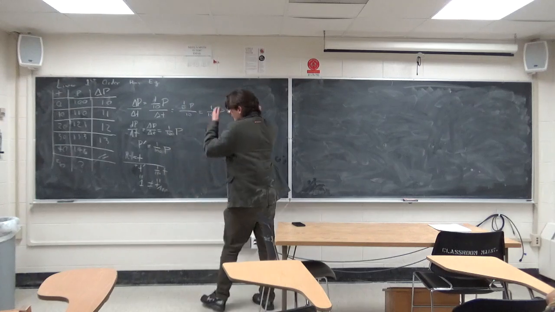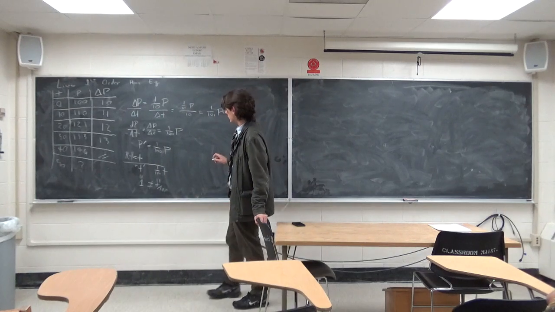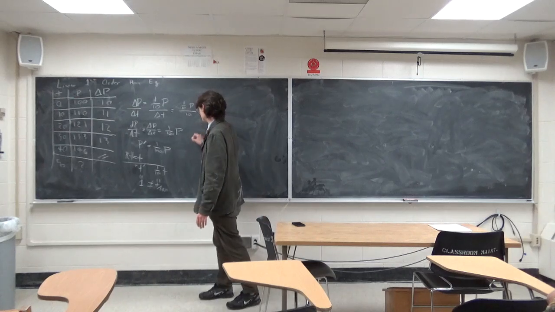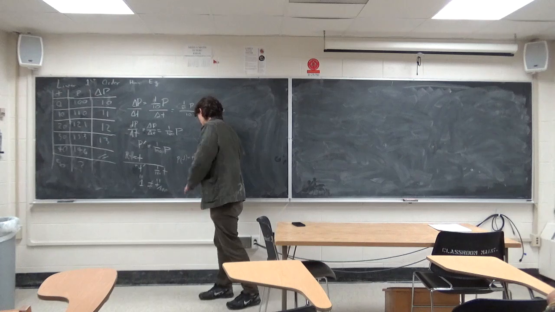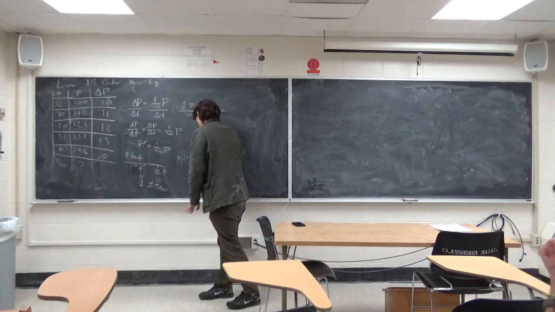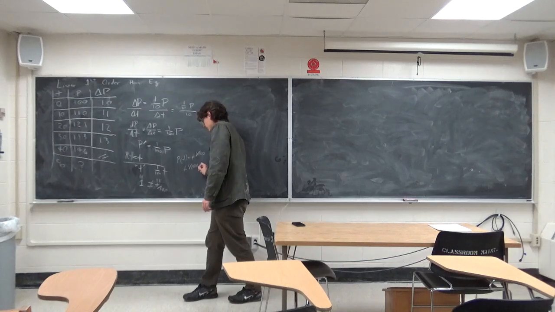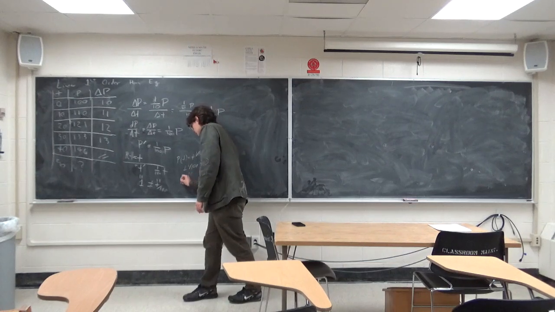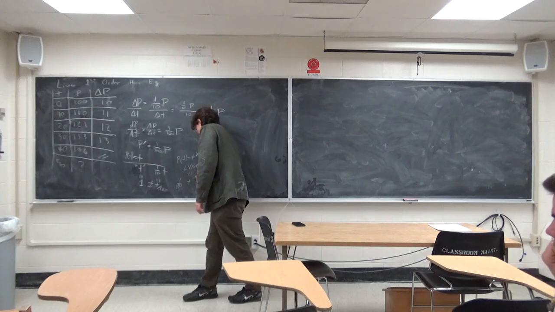What's another thing I can try? Well, I have a pretty good sense that if I try p of t equals t to the 1 over 100, that's probably not going to work. I'll just show you that it doesn't work here. I take the derivative on that, 1/100 t to the negative 99 over 100.